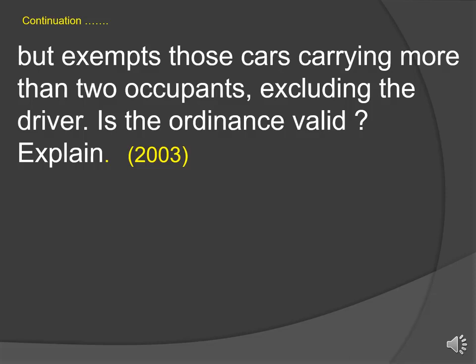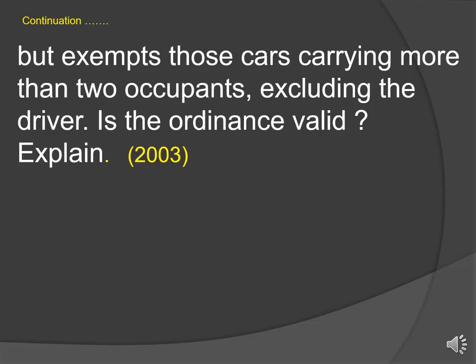But also, when you look at this, notice there are exemptions. So when there are exceptions, there is in fact a differentiation. There is a discrimination. Why is it so that there is a discrimination? Because those cars carrying more than two occupants are exempted from the payment of this particular tax. But those cars that carry less than two occupants, excluding the driver, are subject to the tax.